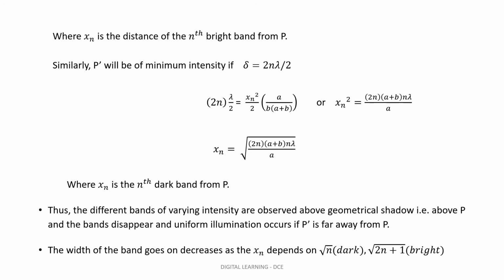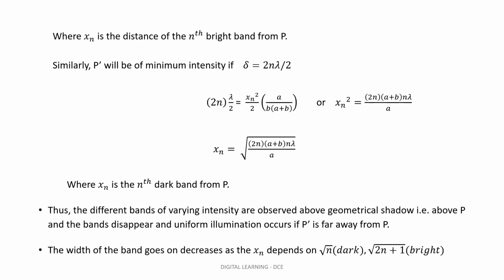So, if we substitute the value of delta in the equation, then we get 2n lambda by 2 is equal to xn square by 2 into A divided by B into A plus B, or xn is equal to root of 2n into A plus B into n lambda divided by A, where xn is the nth dark band from P.